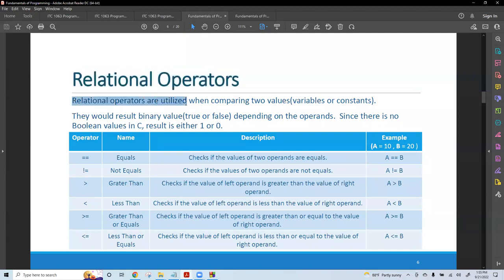Relational operators are utilized when comparing two values, variables or constants. If we compare, definitely we need two operands. Suppose there is just one girl in your batch.